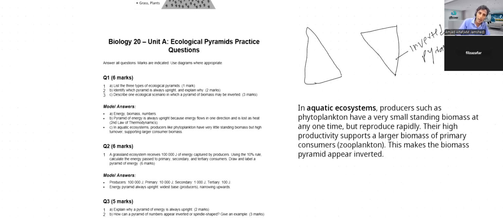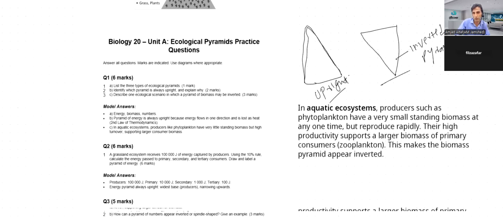So this pyramid is inverted, and this one is upright. This pyramid is upright, but this one is inverted. My drawing is not so good.